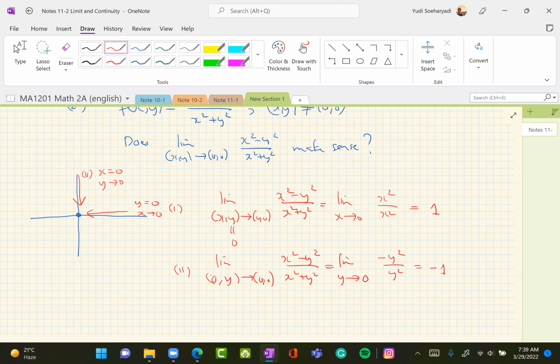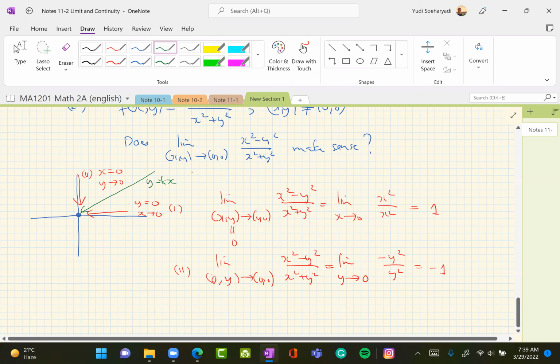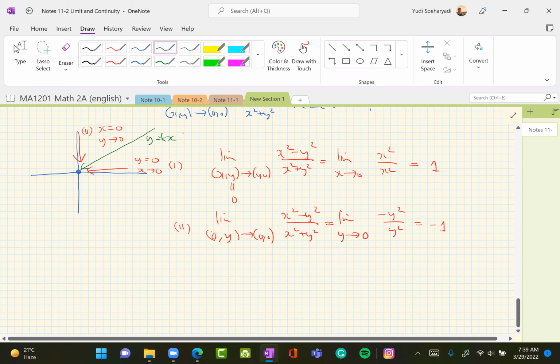In fact, if you approach using this one here, y equals kx, so just x, kx. This is just one variable, pushing x going to 0.